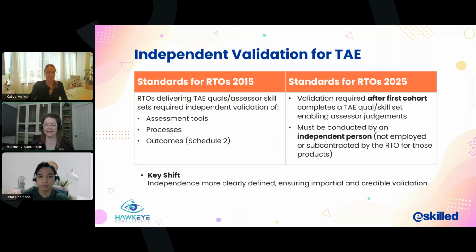It must be undertaken by an independent person, so someone not employed or subcontracted by the RTO to train or assess in those products. So the key shift here, independence is more clearly defined, ensuring that validation of TAE qualifications remains impartial and credible.